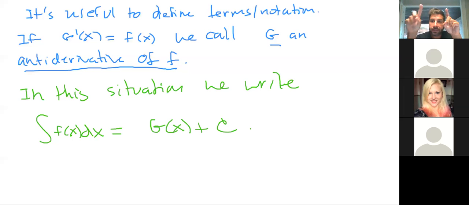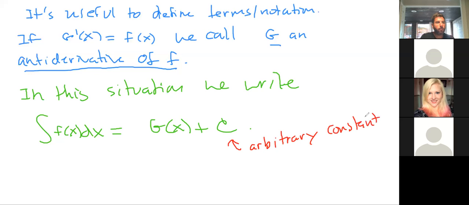If you have one antiderivative, you actually have infinitely many, because you can add any number you want to it, and when you differentiate a number, it's always 0. So we call this here an arbitrary constant. Again, let me repeat. If f has one antiderivative, it actually has infinitely many, and this is how we describe it. We write it like this. So does anybody have a question about that at all?